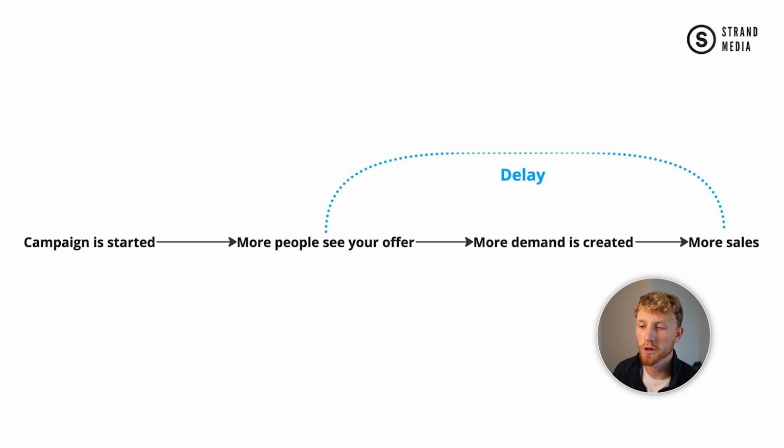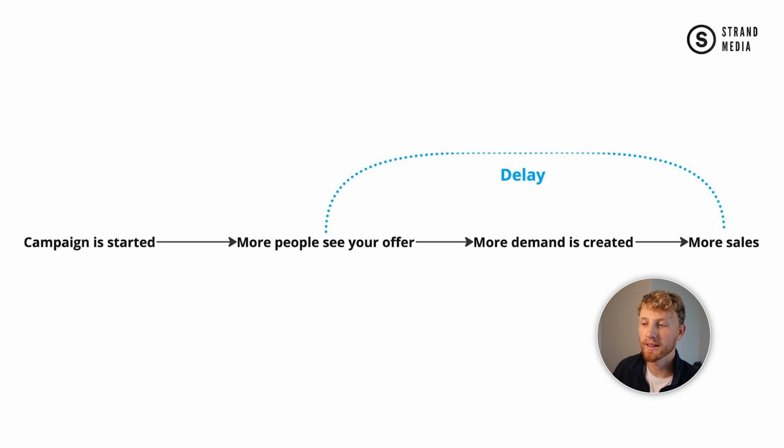So as you can see, if we're increasing the budget too quickly, we will spend a lot of money on the ads and we will potentially create a lot of demand, but it is going to take some time before that demand actually turns into sales. But we don't know yet if that created demand is actually going to turn into sales.